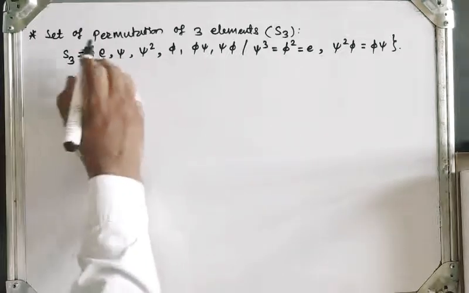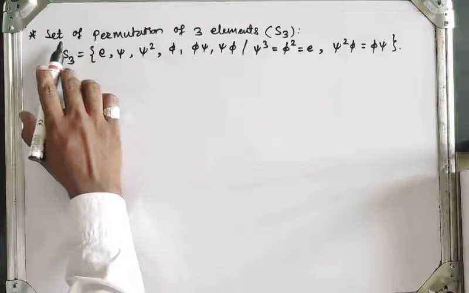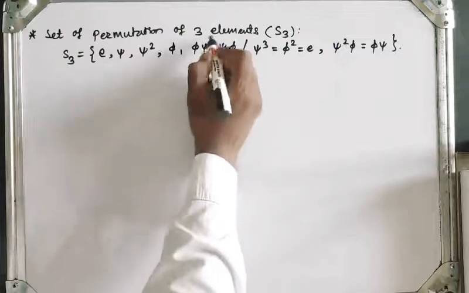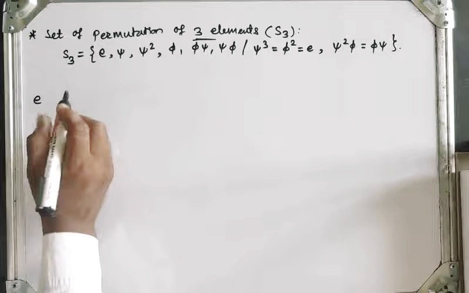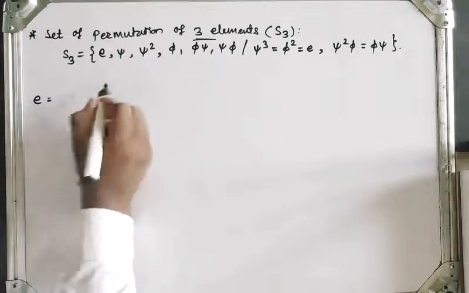So here we have the set of permutations of three elements. We will write the identity in triangular form.